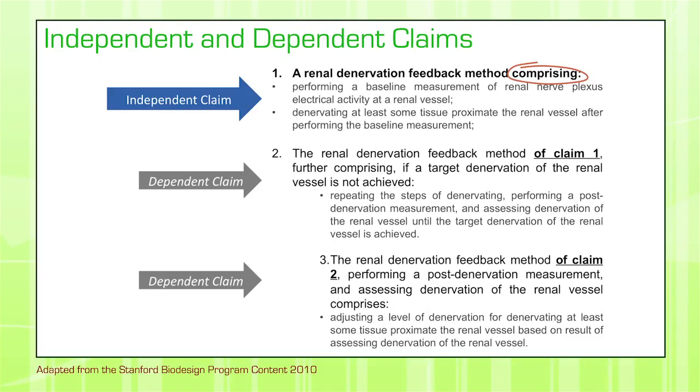Those dependent claims always make reference to independent claims or even other dependent claims. What this dependency gives you is the ability to specify features of an independent claim without altering the scope of the independent claim.